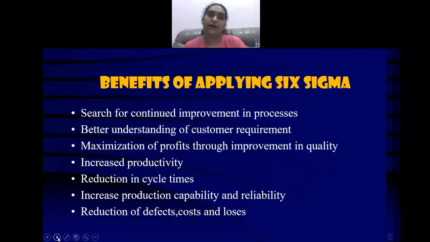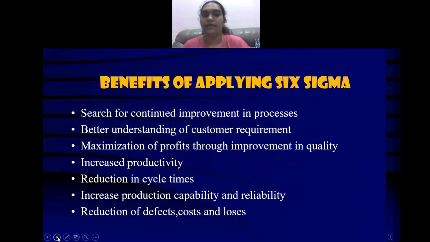So the last part of this Six Sigma topic is the benefits of applying Six Sigma. There are several types of benefits if we use Six Sigma programs. The first one is the search for continued improvement in process. The second one is better understanding of customer requirements.